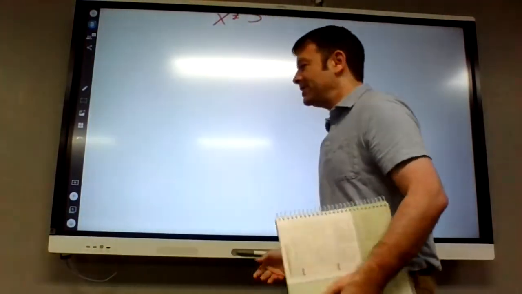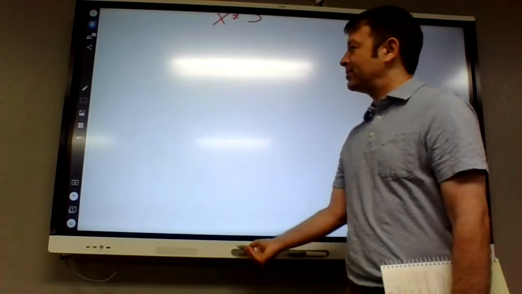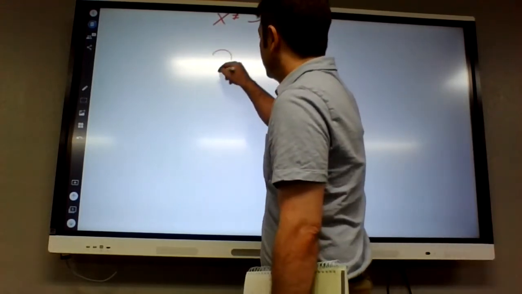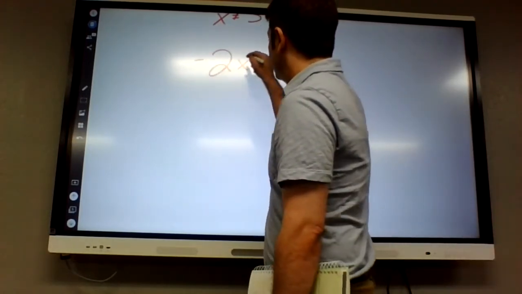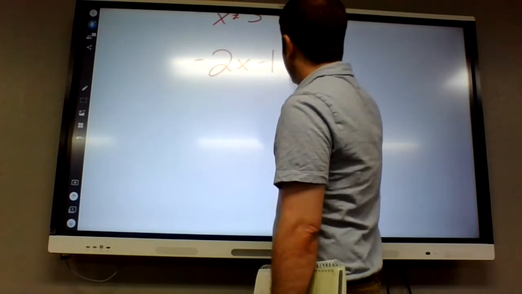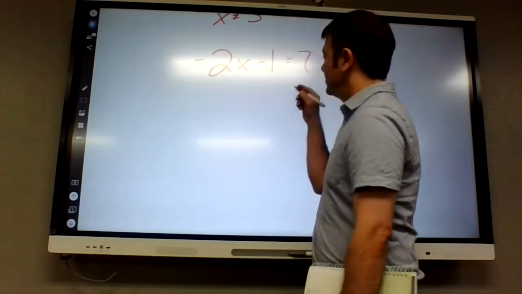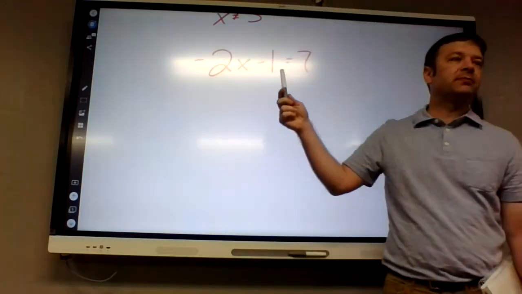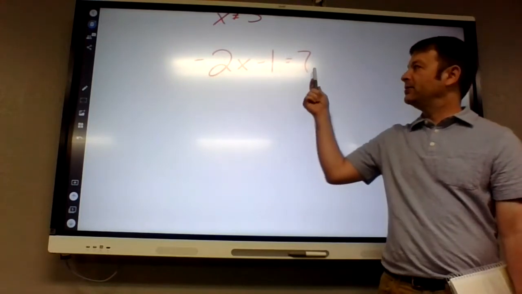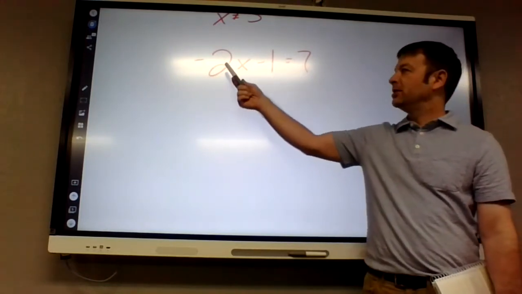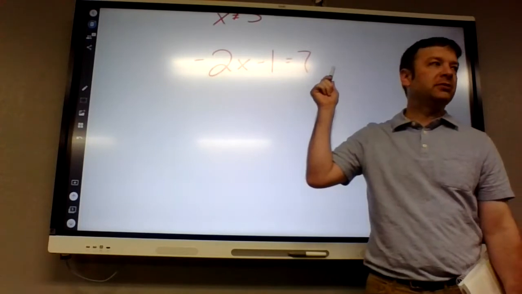We're solving inequalities today. Solving inequalities is the exact same thing as solving equations, except for one difference. If I was solving this equation, what would I do? Add 1 and divide by -2, right?